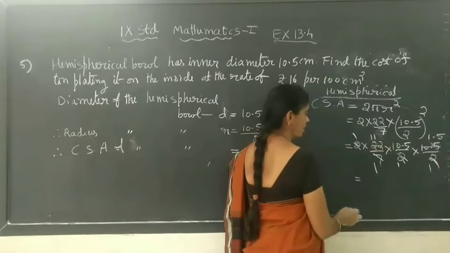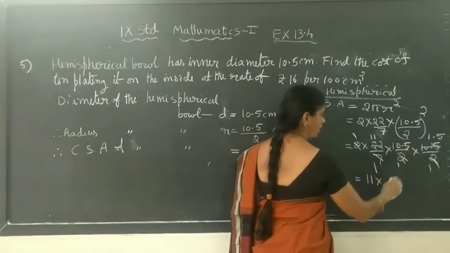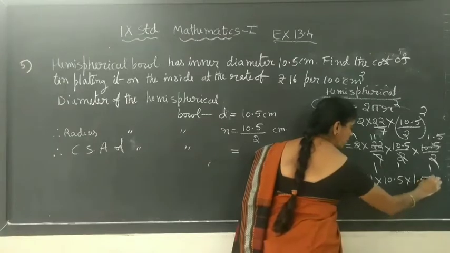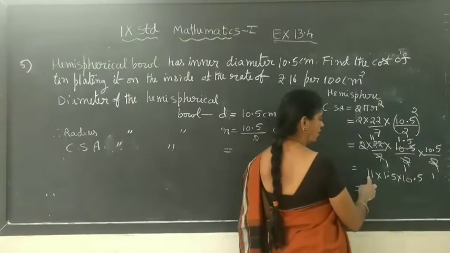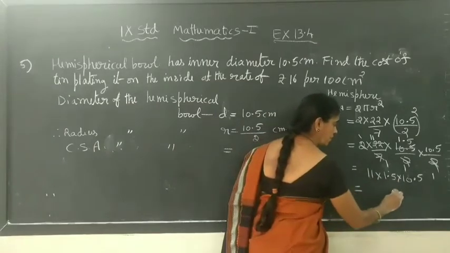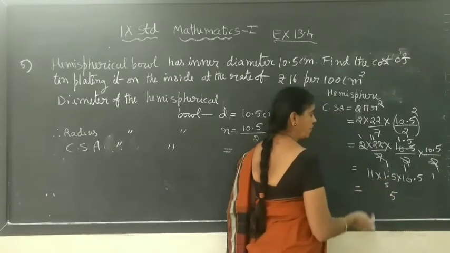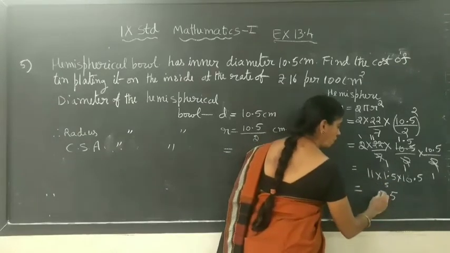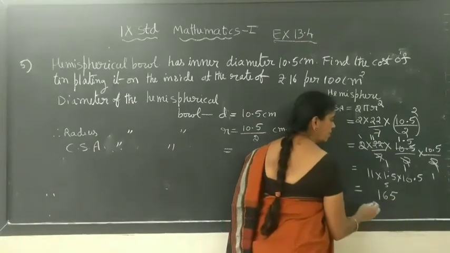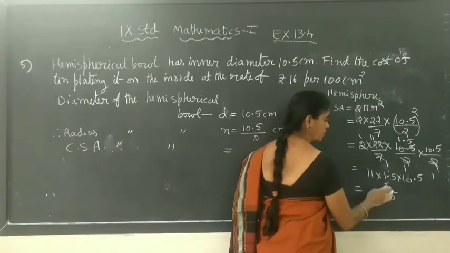The curved surface area is 11 into 10.5 into 1.5. 11 into 1.5: 5 ones are 5, 11 5s are 55, 5 in hand, 11 ones are 11, then 5, it is 16, so 165. Point will come after 1 digit.